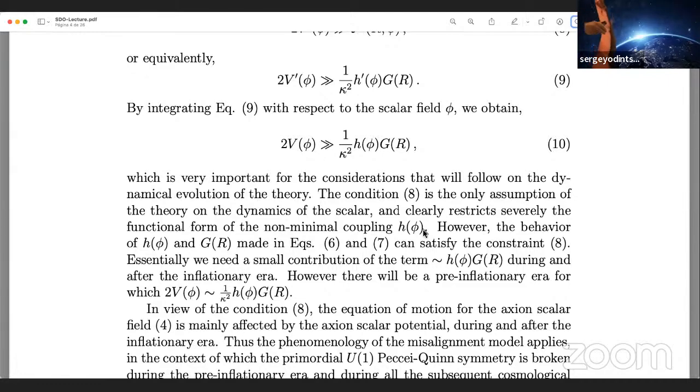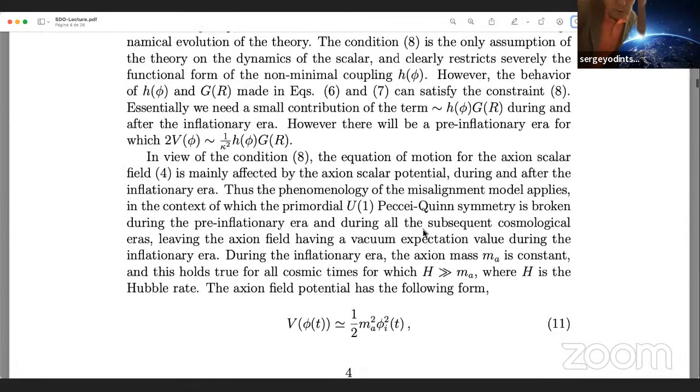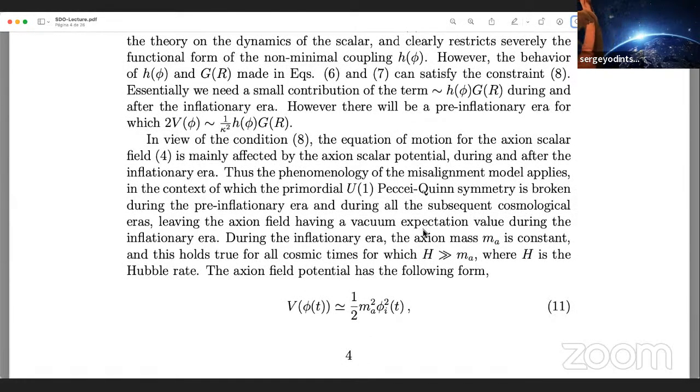With this condition, we know that this non-minimal term doesn't influence the inflationary epoch, and then we should check how this non-minimal term influences the preheating stage, after inflation. During the inflationary era, the mass of the axion is constant, and the axion field acts effectively as an effective cosmological constant only. So it changes inflation a little bit, but only in a quantitative way.